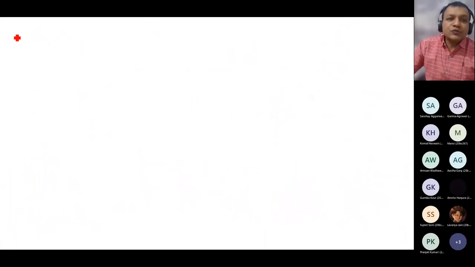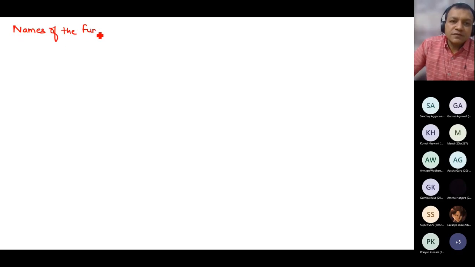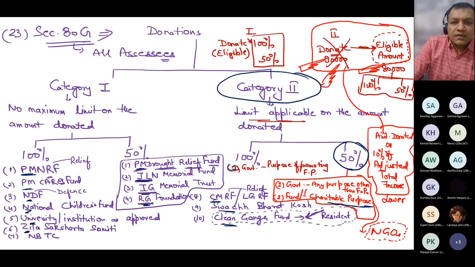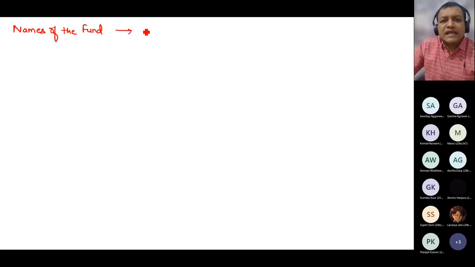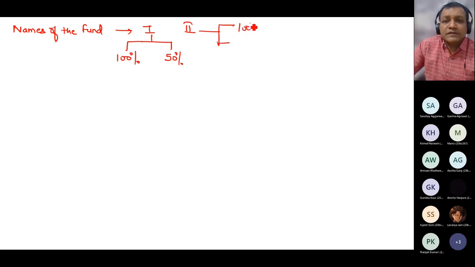So now I can assume that if I give you any names of the fund, you can easily tell whether that fund is covered in category 1 or 2, and if 1, you should easily identify whether it is 100% or 50%. If you can identify which category, you must identify which percentage also. So this much discussion is only clear.